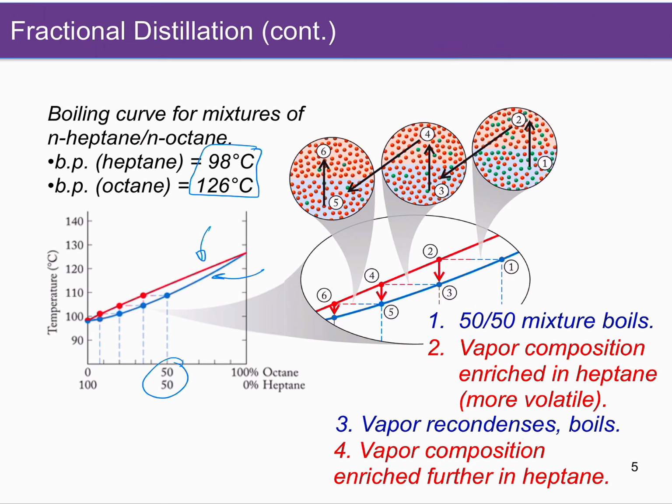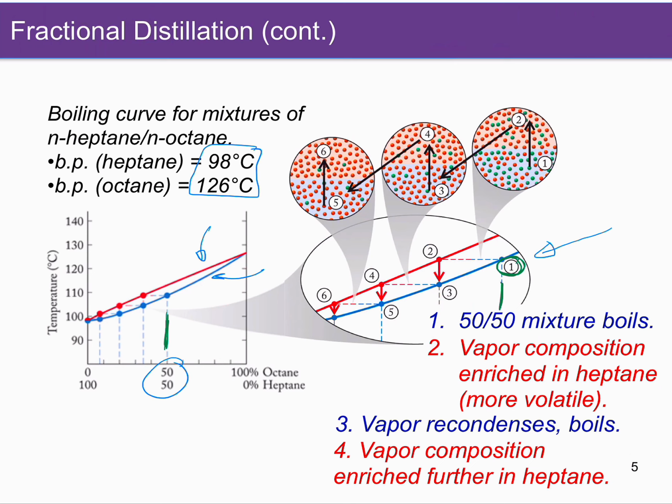What this is showing here on the right is a blow up of the graph on the left. This point here, point 1, is the 50-50 mixture of octane and heptane that we start off with. That's represented by this vertical line on the graph and on the blow up.